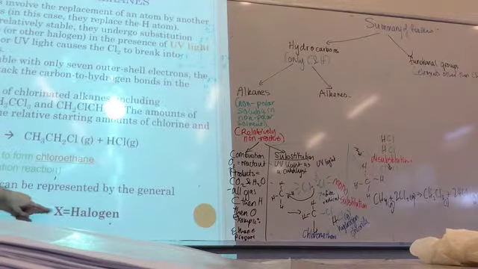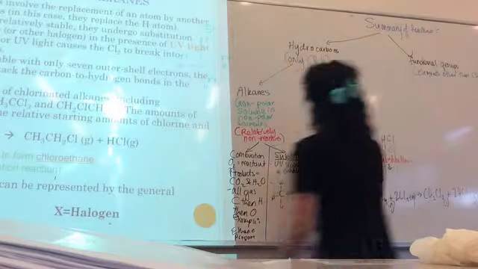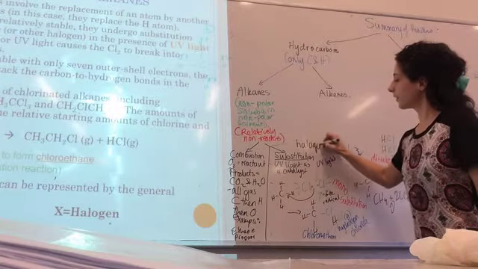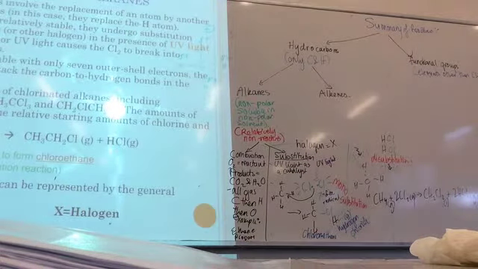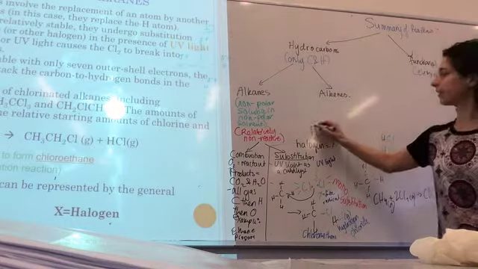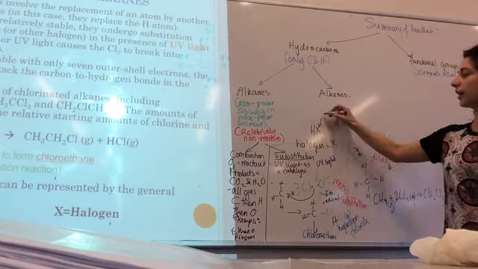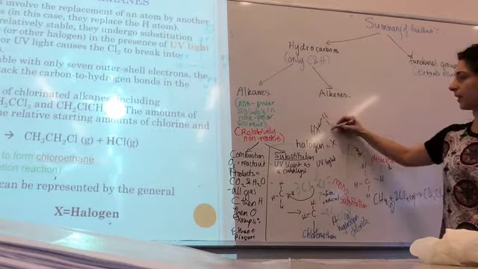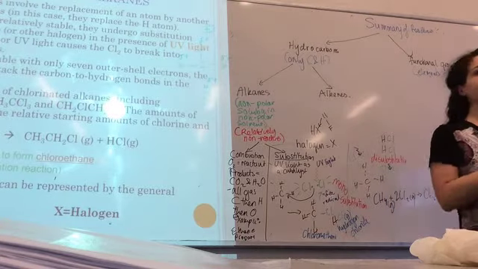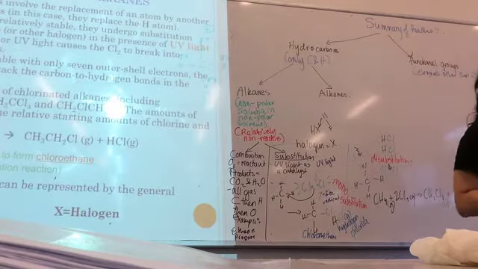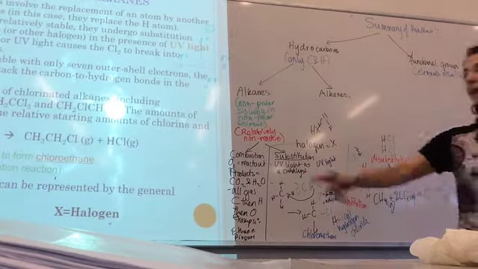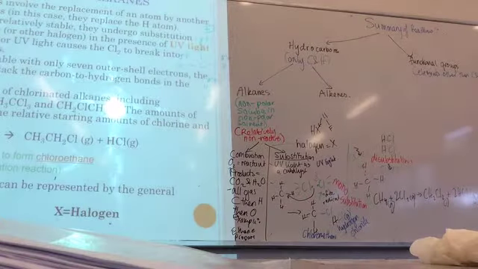Note that your textbook talks about halogens as X. So if you see HX, it's H and any halogen like chlorine, iodine, fluorine, or whatnot. Whether it reacts depends on which one it is, doesn't it? Yes, it does, but they represent it as an X.